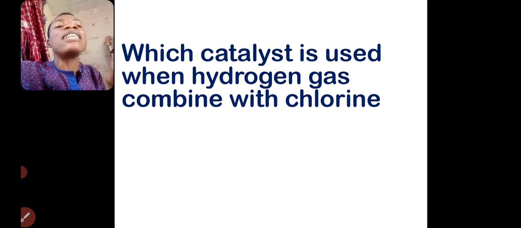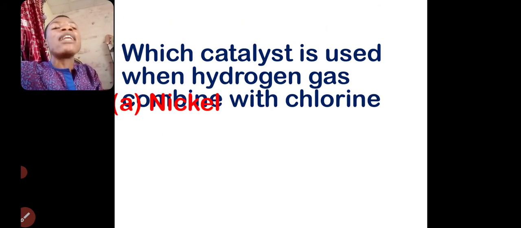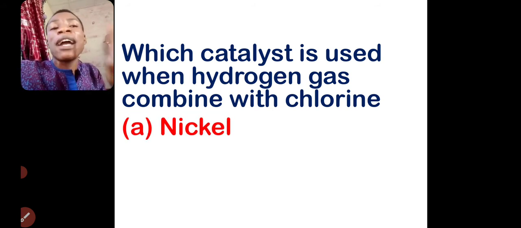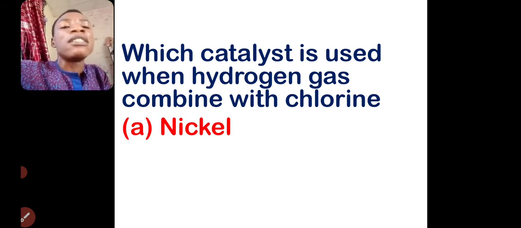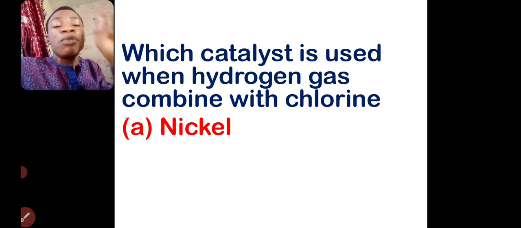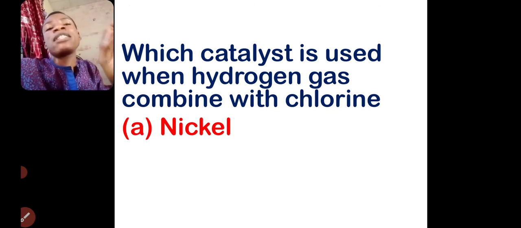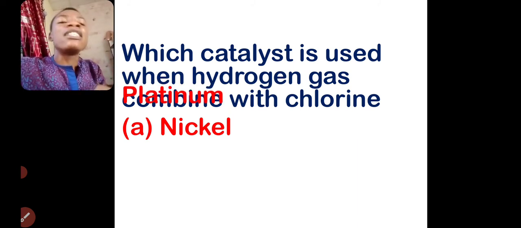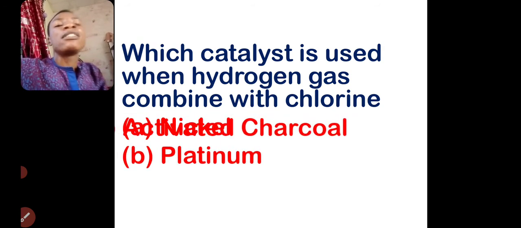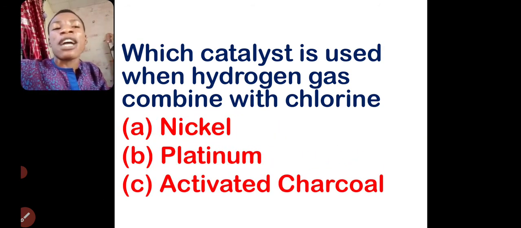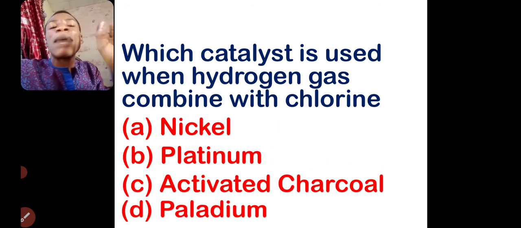Which catalyst is used when hydrogen gas combines with chlorine? In this video we looked at how HCl is formed by direct combination. In that reaction, which catalyst is employed? Is it platinum? Is it activated charcoal? Is it palladium?